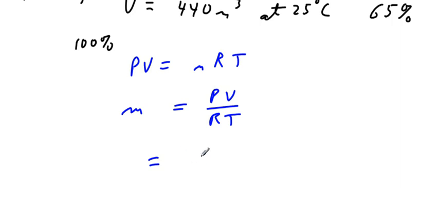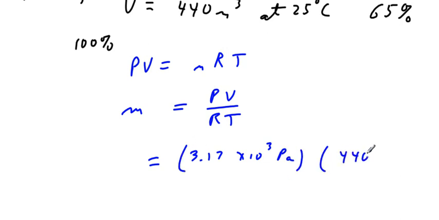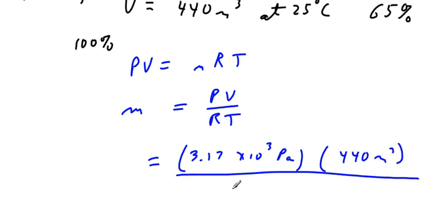Okay, so it's not 1 atmosphere, it's the pressure of the water. It's 3.17 times 10 to the third pascals, which I calculated separately, times the volume of the room, meters cubed, divided by 8.314 joules per mole Kelvin times the number of Kelvin that I have.